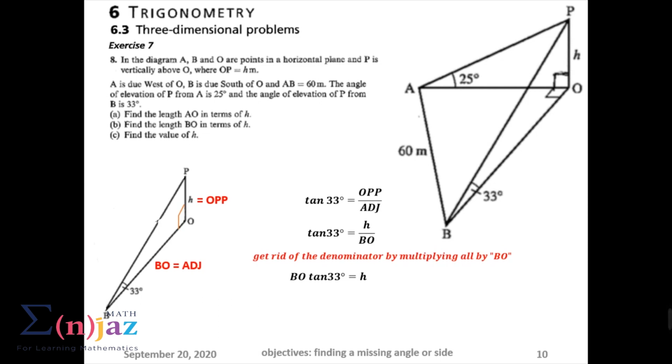The opposite operation to multiply by is divide by tan of 33. So we divide all by tan of 33 and accordingly BO is equal to H over tan of 33 degrees. So we found AO in terms of H, and BO in terms of H is H over tan of 33 degrees. And this is the answer for the second part of this question.